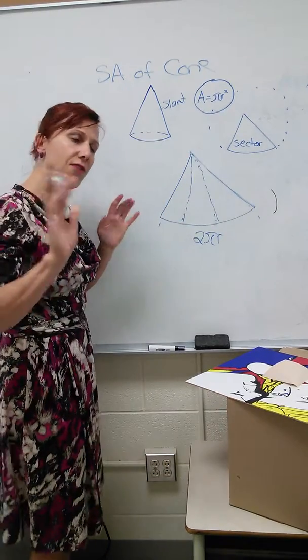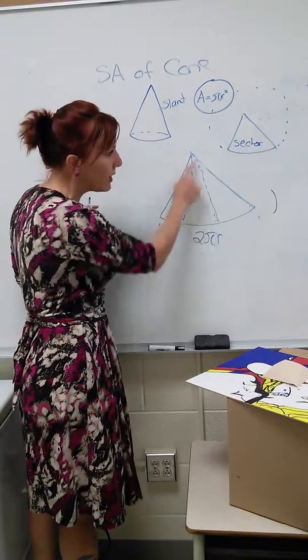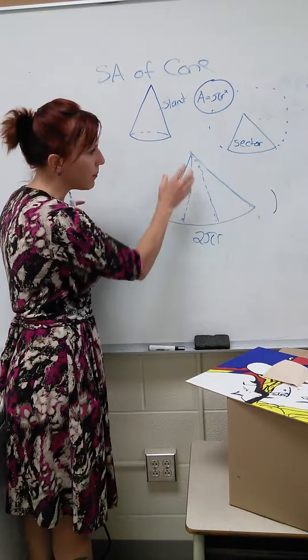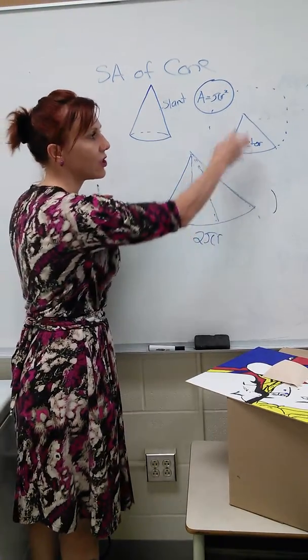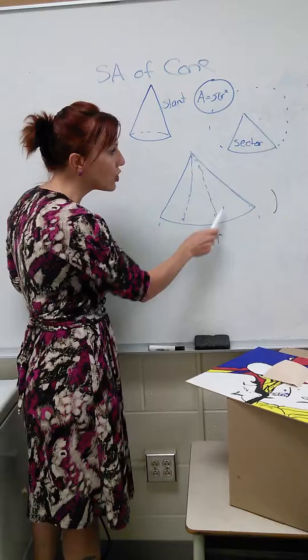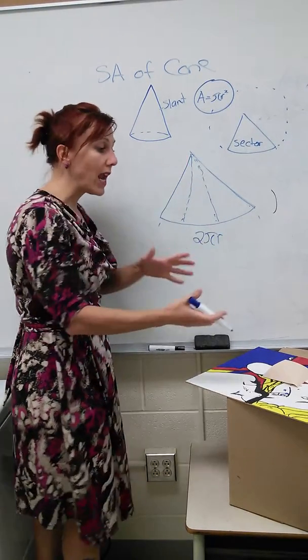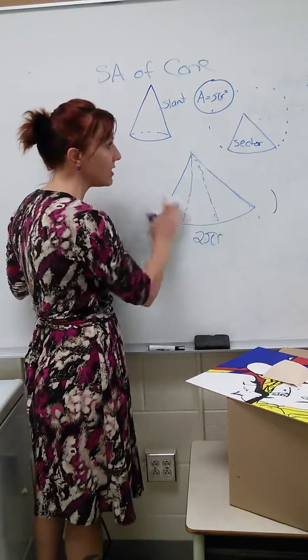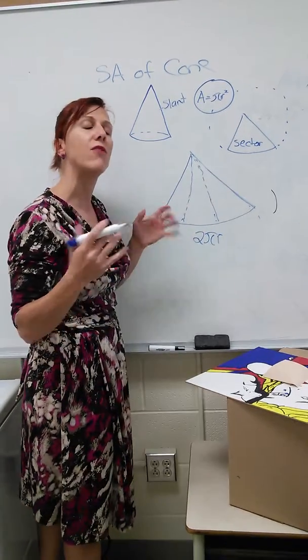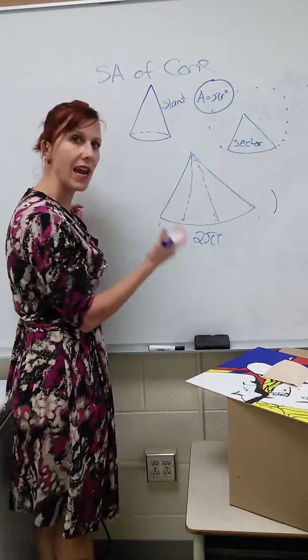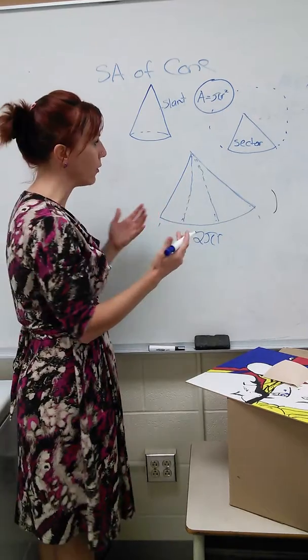If you notice with this slant, the more I cut this sector up, the more it starts to look like little triangles within it. That is a way that we can calculate the formula for the area of the lateral part of a cone.